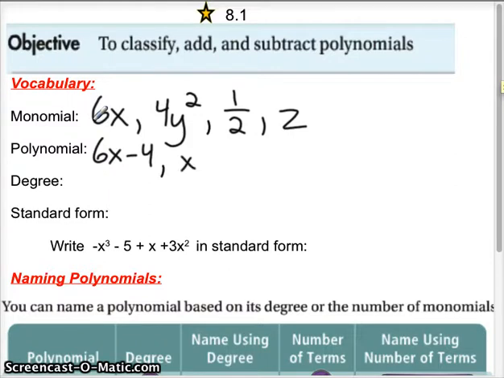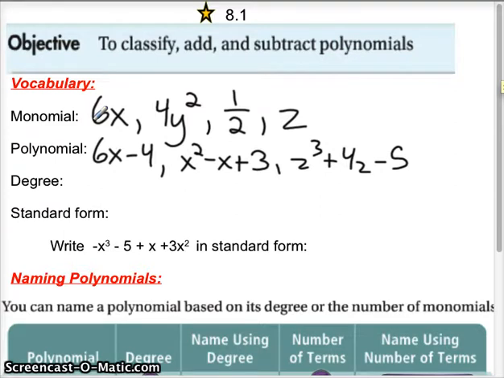You could have x squared minus x plus 3. There's another example of a polynomial. Or you could have z cubed plus 4z minus 5. So again, all of those are examples of polynomials.